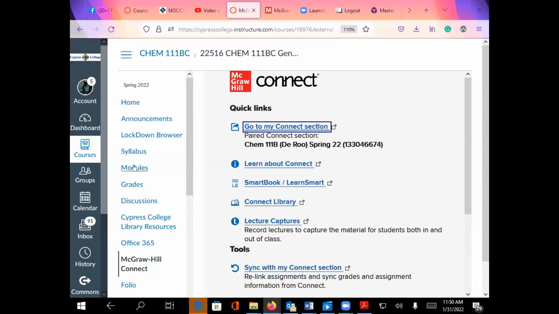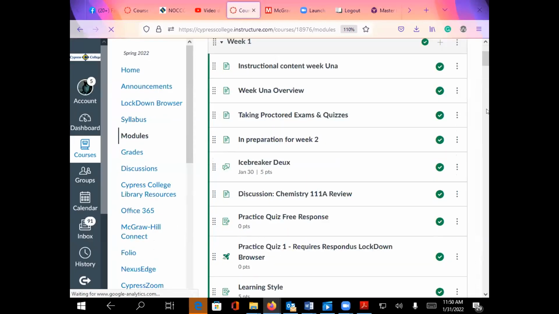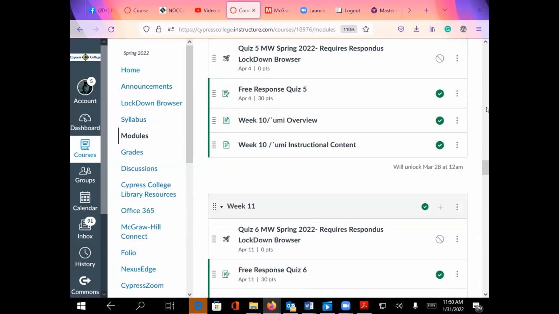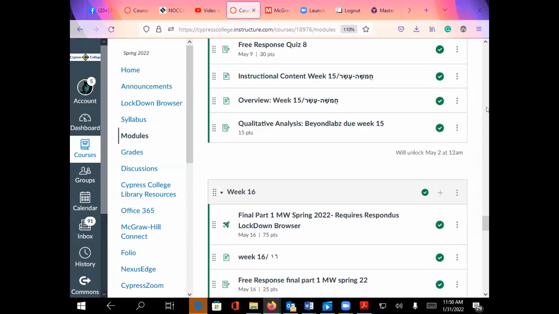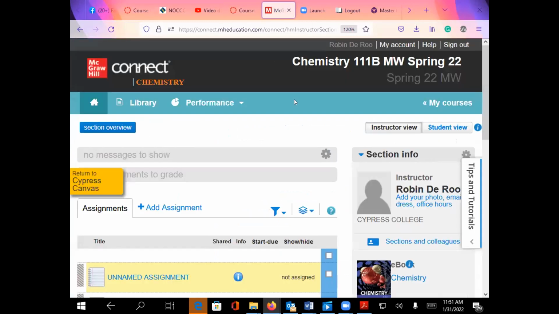When you're trying to figure out what to do for the lab, just scroll all the way down, and that will tell you what we're working on and what to do for the lab. Got it. Thank you. You're welcome.